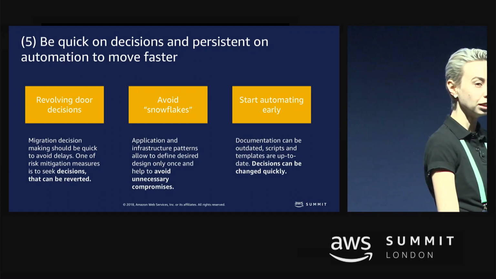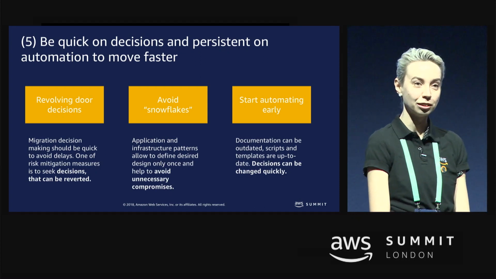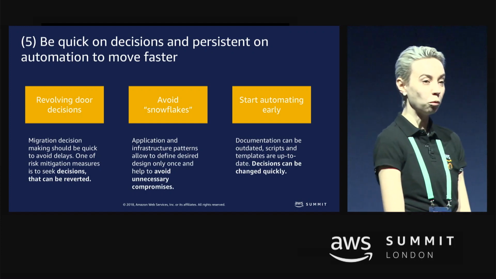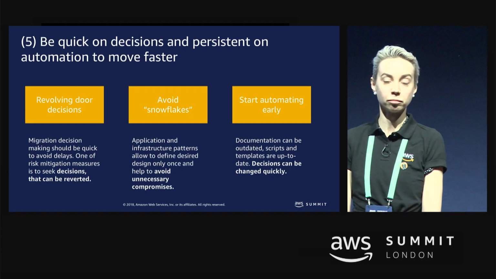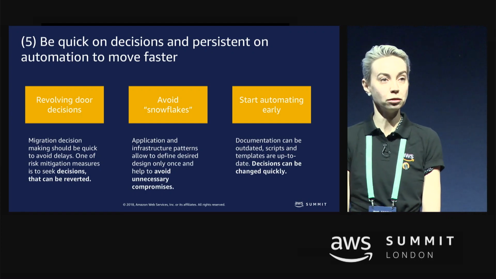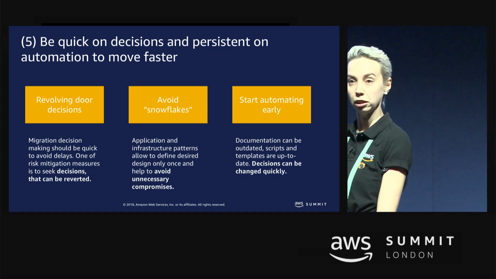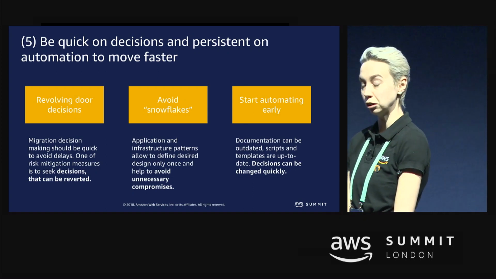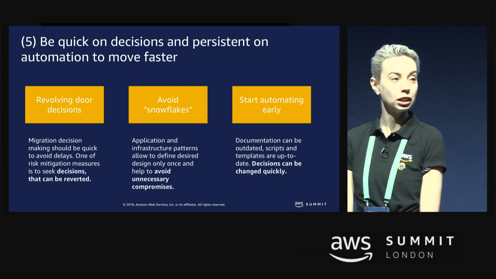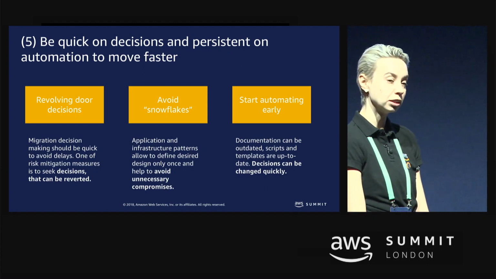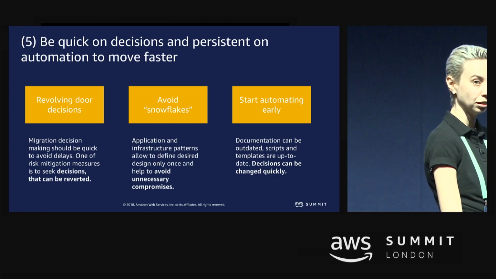The second story is about trying to make fewer decisions by reusing them over and over again. Here we try to introduce a lot of patterns when it comes to application migration. And those patterns can be very simple. Let's say we agree that all the applications will be moved as containers, AWS ECS, plus a managed database, AWS RDS.